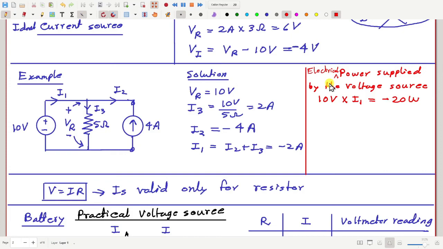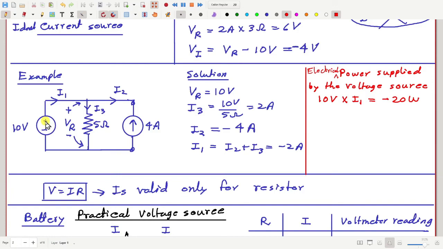It can only be converted from one form to another. So when I say electrical power supplied or generated, that means some other form of power, maybe chemical or mechanical power, is converted into electrical power. So be careful about the signs. In this case, power is actually consumed by the voltage source.